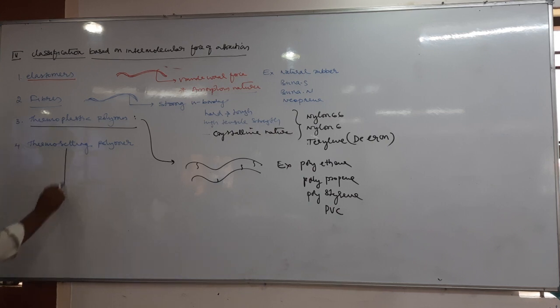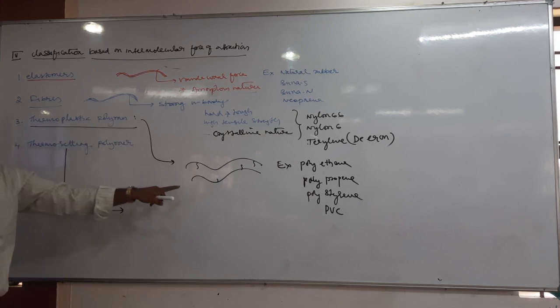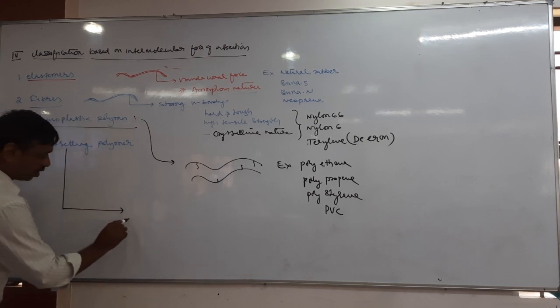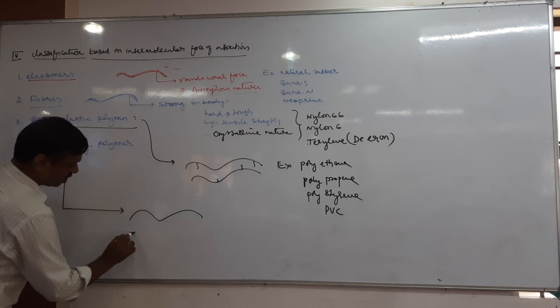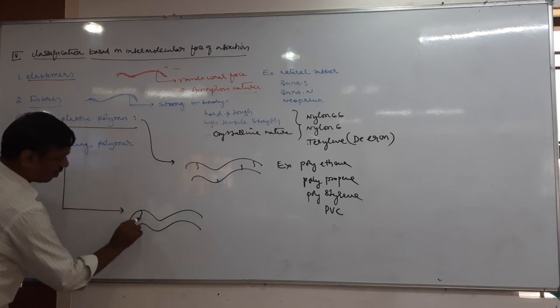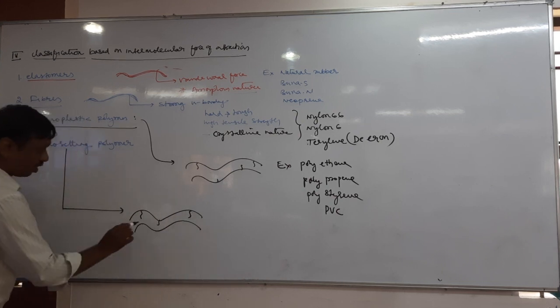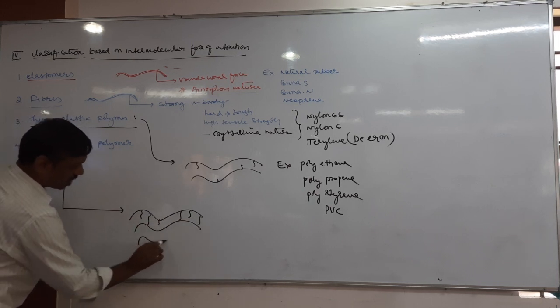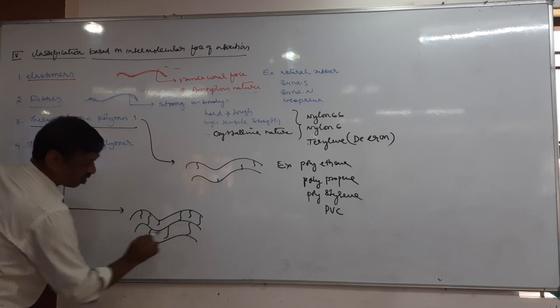Then thermosetting polymer, it is quite opposite. In case of thermoplastic polymer, these are usually linear or slightly branched chain polymers, whereas thermosetting polymers are heavily branched polymers or even cross-linked polymers.